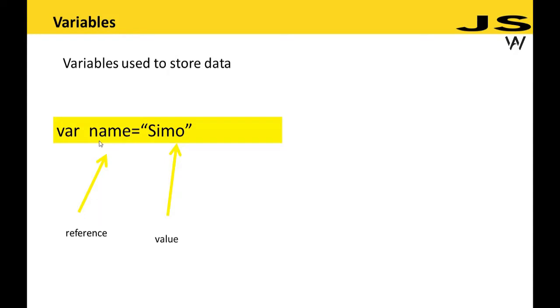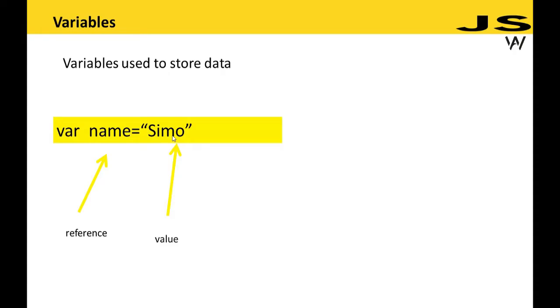For example, var name equals, and here I will give a value. The value here is CMO, between double quotes. The double quotes mean this is a string.